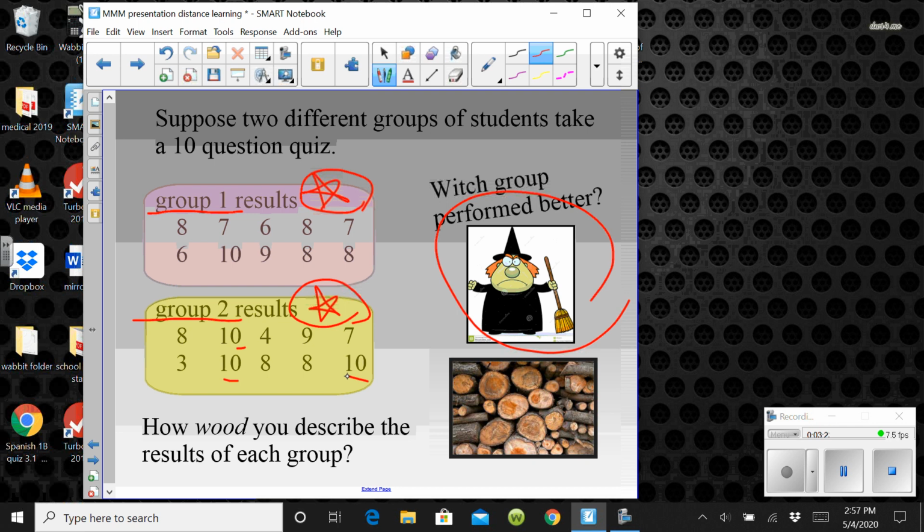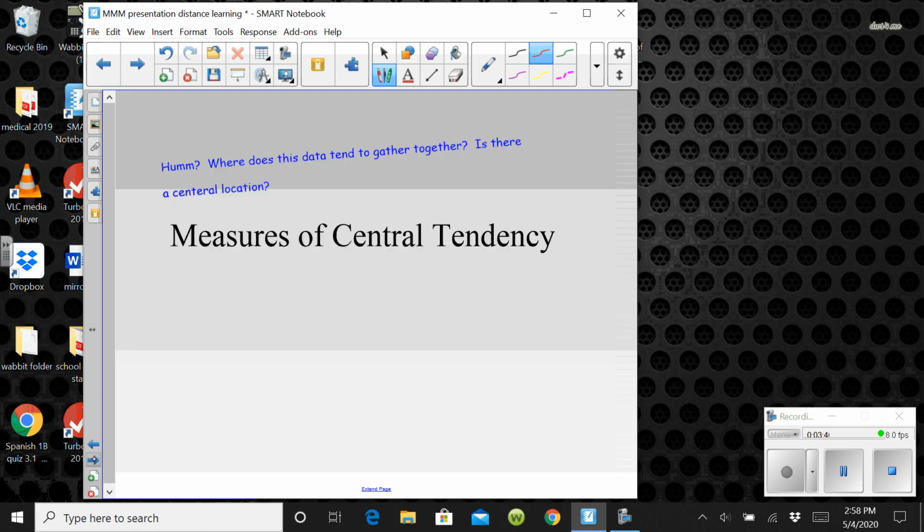There are a lot of ways to describe the results here. In some arguments, group 1 did better. In other ways of looking at the data, group 2 did better. The moral of the story is there are different ways to describe the data.